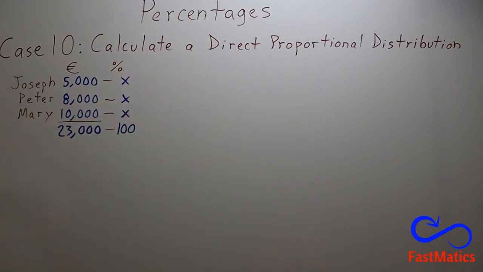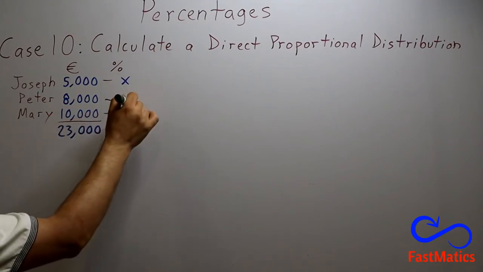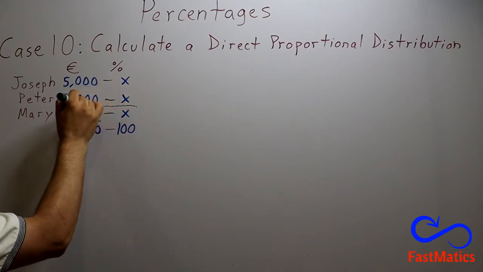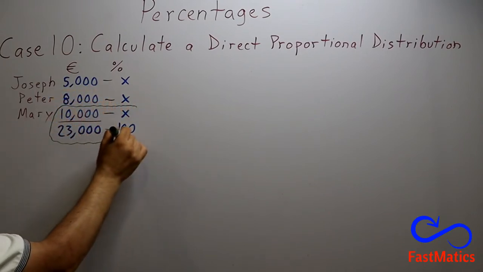Because we are going to share the earnings between Joseph, Peter and Mary, but to be fair, we have to give more money to Mary because she invested a lot of money, and less money to Joseph because he invested less money than Mary. Here we can see that it is a rule of 3.